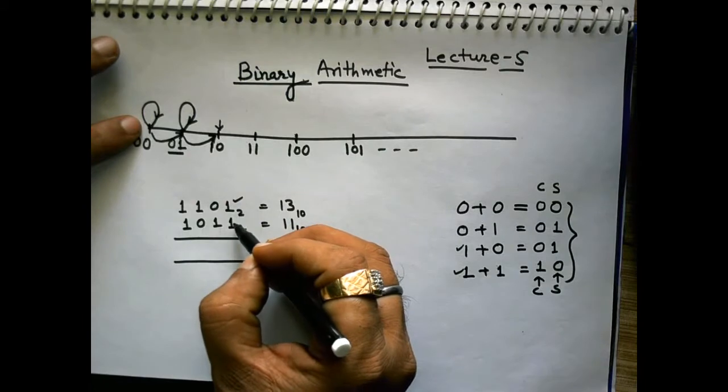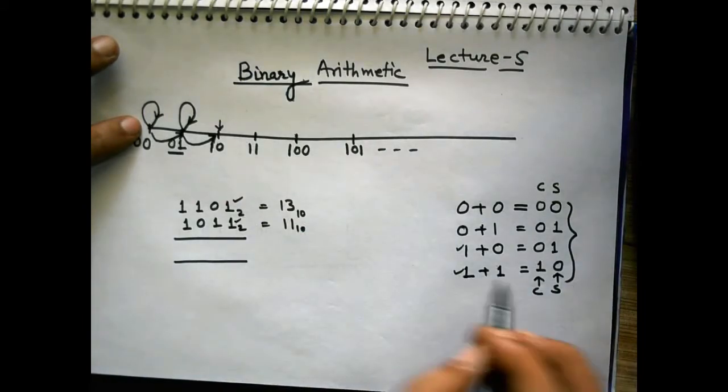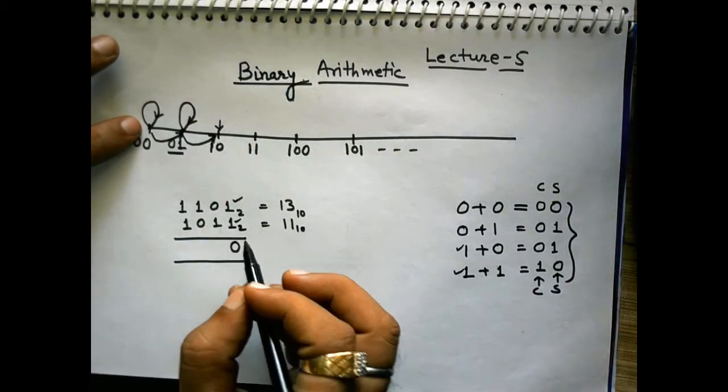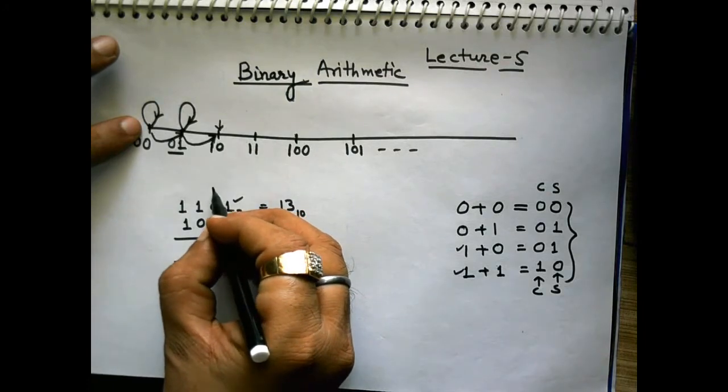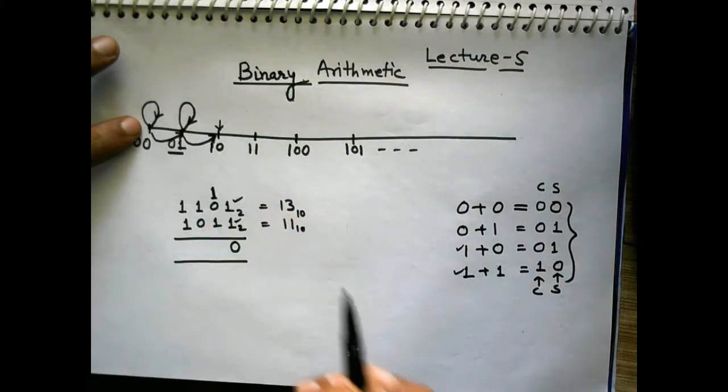We do the process with the help of this table. 1 added with 1, the sum result is 0 but a carry is generated and it propagates to the next bit.